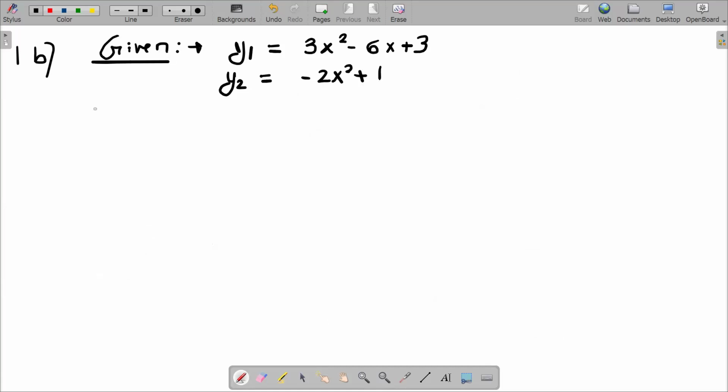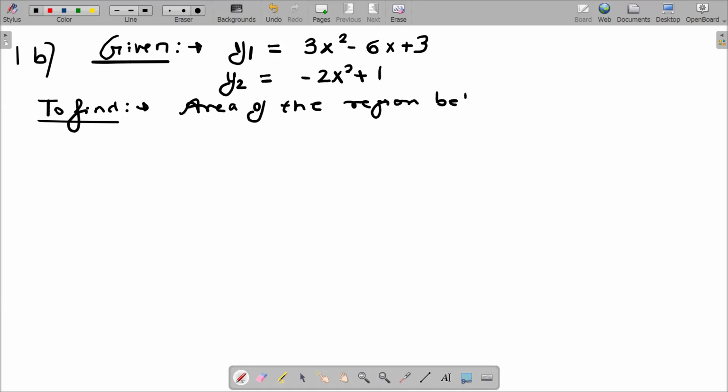And I need to find the area of the region between the above two curves within the interval 0 to 2.